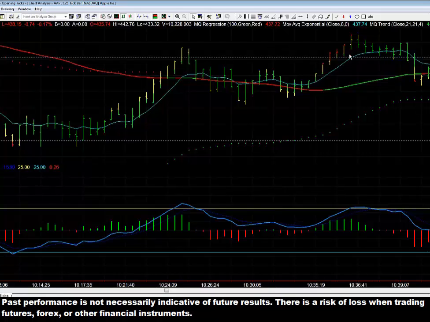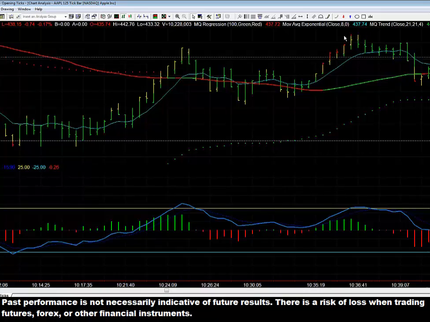It's just a preference, what our eye has been trained to. Now, also, if Apple's really moving fast, these bars form very quickly. When we have a move like this, see these red bars, this bar, this bar, this bar, this usually happens very quickly. So this would pop, pop, pop, pop, pop.